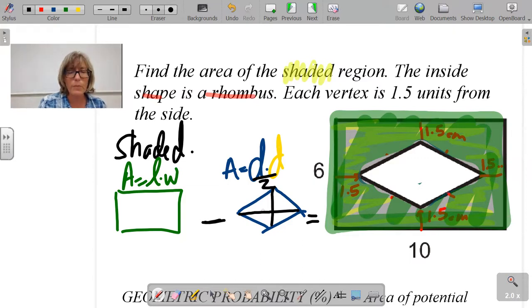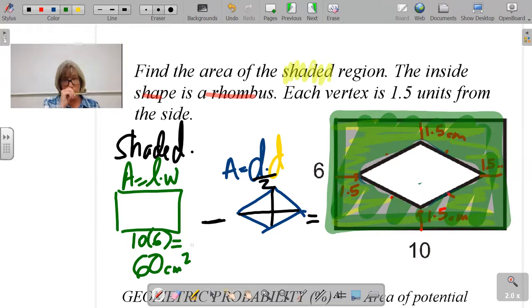Let's see what we have here. Right here, our length is 10, our width is 6. So we have all that information. Our length is 10, our width is 6. So the area, of course, is going to be 60 cm squared.